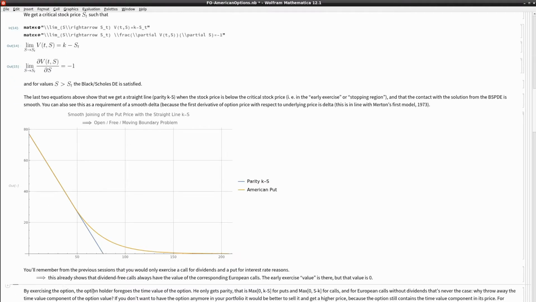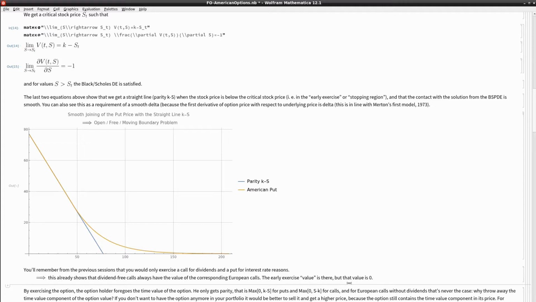So you remember from the previous session that you would only exercise a call for dividends and a put for interest rate reasons. This already shows you that the dividend-free calls always have the value of the corresponding European calls. The early exercise value is there, but it has a value of 0, right? You have a right, but exercising this right never gives you any advantage.